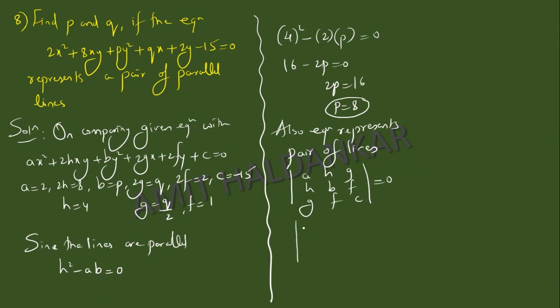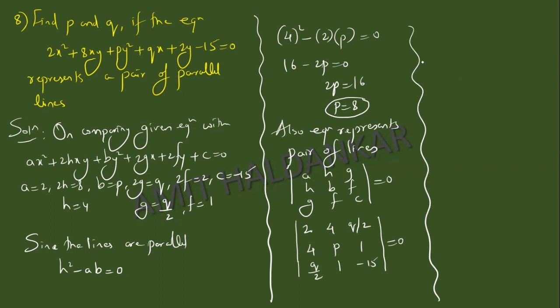Now, I'll put the values over here. a is 2, h is 4, g is q by 2; h is 4, b is p, f is 1; g is q upon 2, f is 1, c is minus 15. This value should be 0.